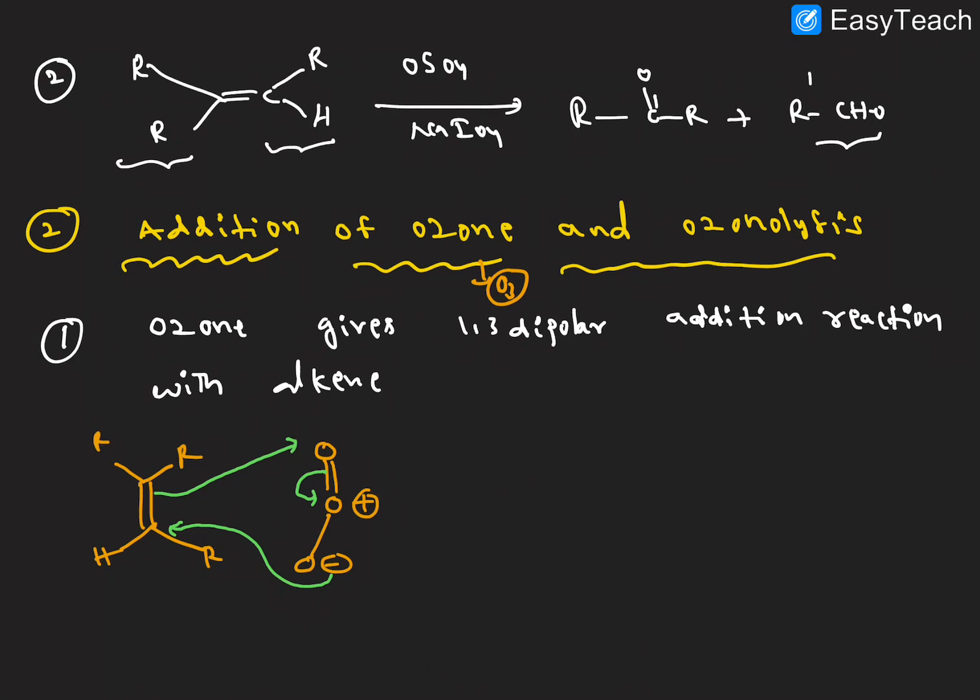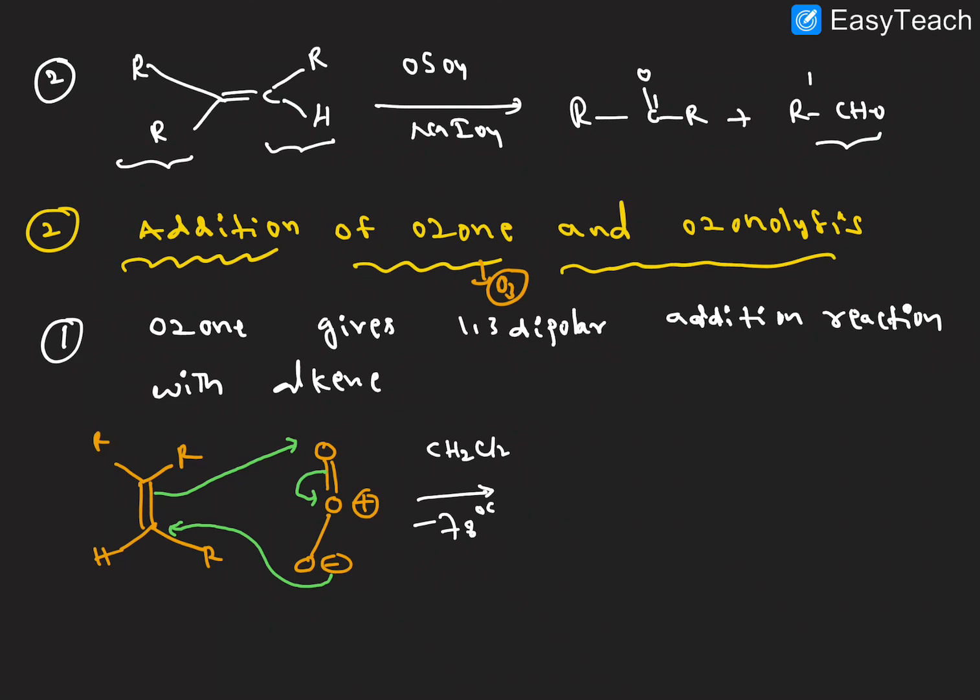What is the resultant product here? This is happening in the presence of solvent, that is dichloromethane, CH2Cl2, and the temperature is minus 78 centigrade.